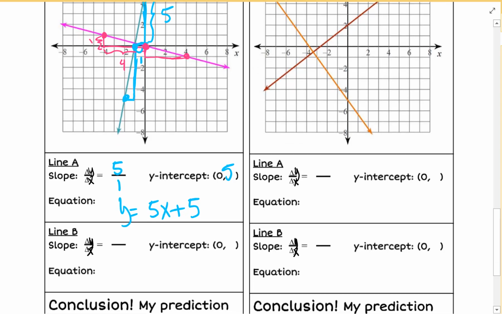Delta y is 1, delta x is 4, and it's decreasing, so -1/4. The y-intercept, as we found before, was 0, so y equals slope times x plus 0. Adding 0 doesn't change it, so you don't need to actually write that plus 0.